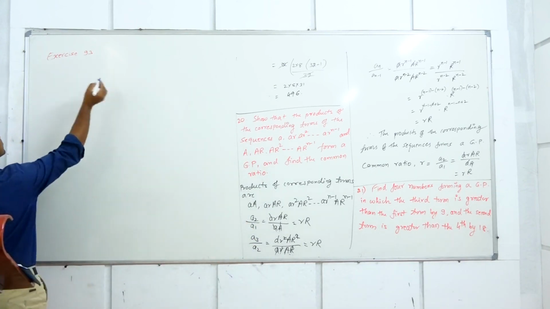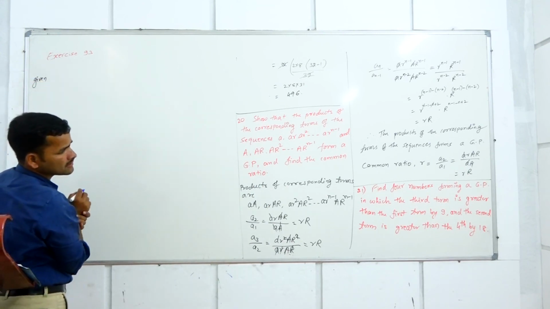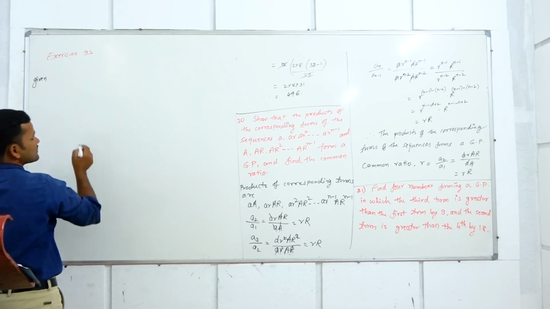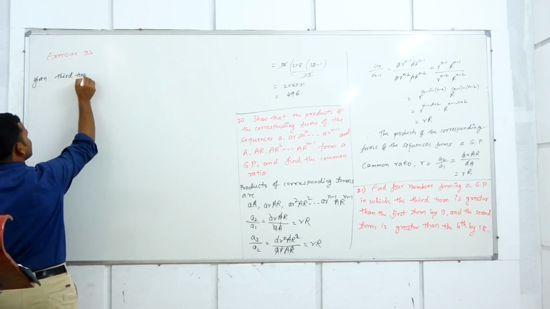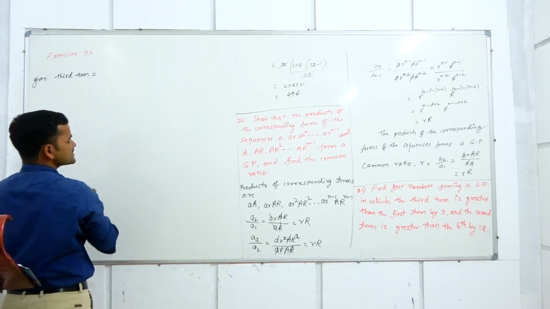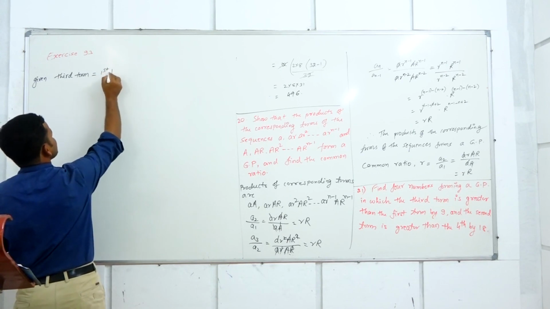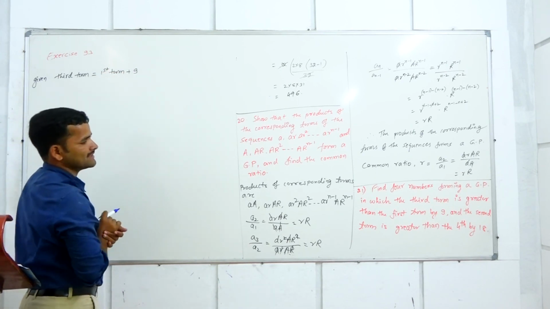Okay, it is given that the third term is greater than the first term by how much? By 9.